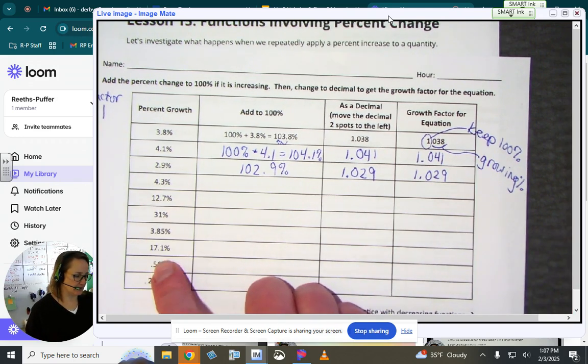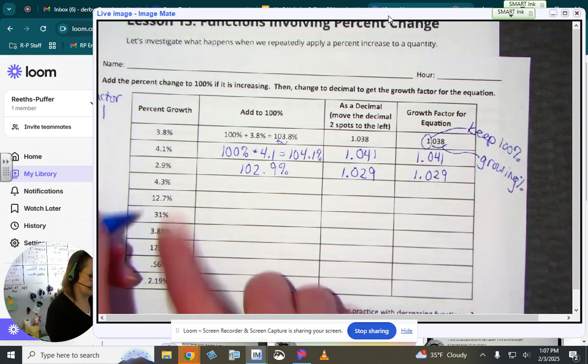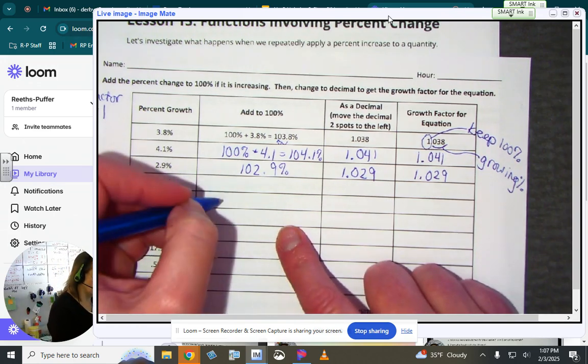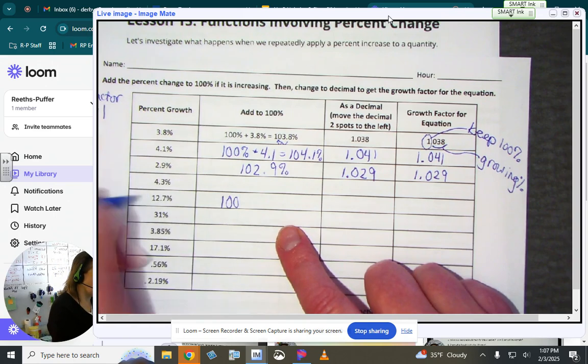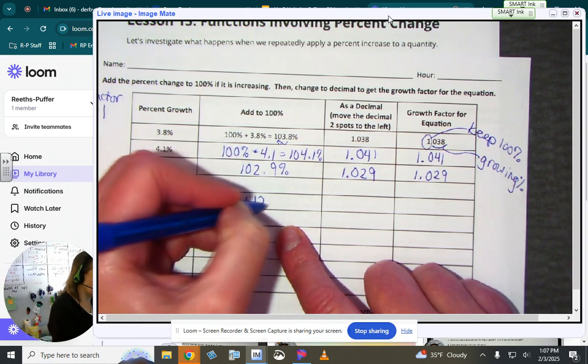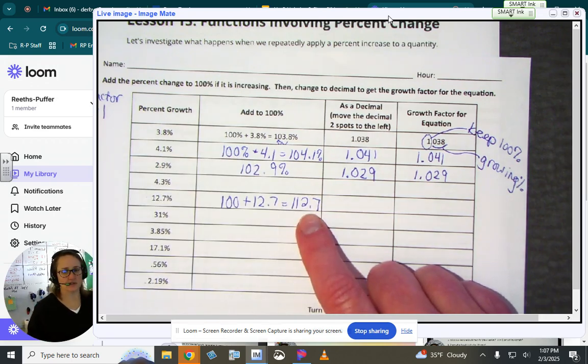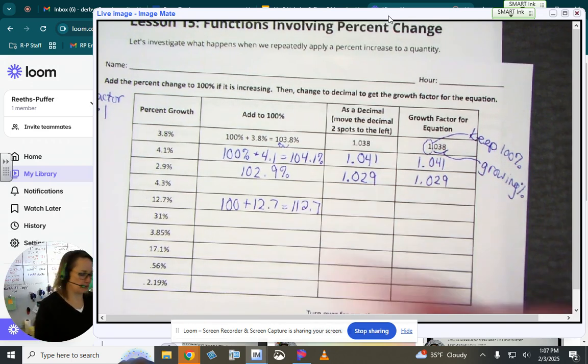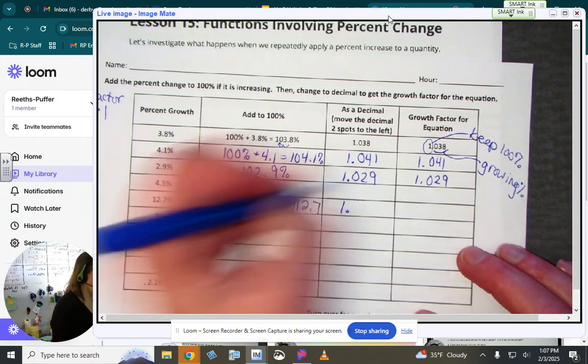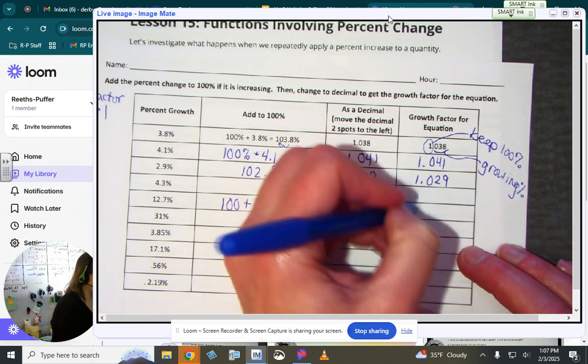When we start getting to some of the double digit, right? So 100 plus 12.7% is 112.7. Still the same thing. We're going to move that decimal point 2 places, 1.127.